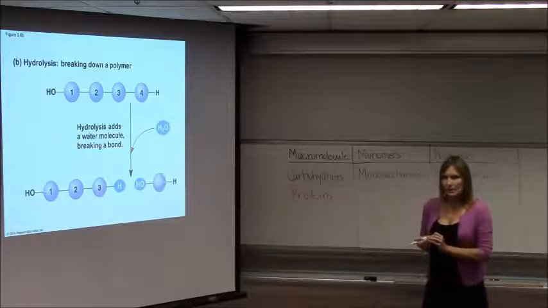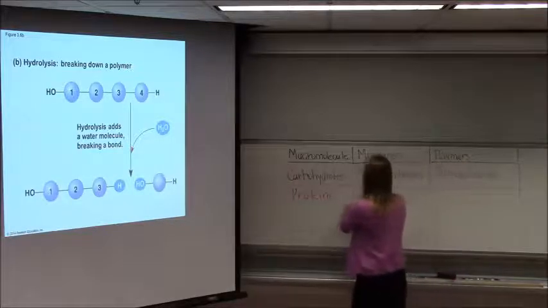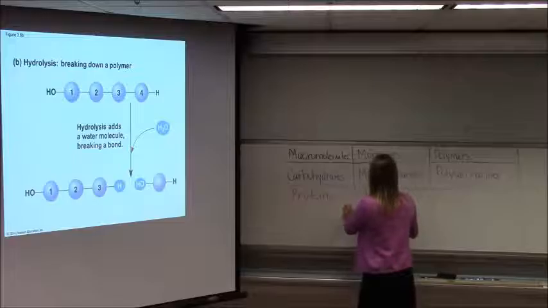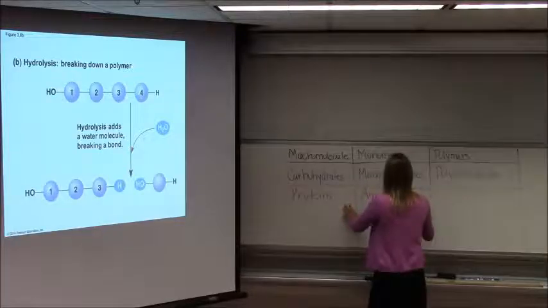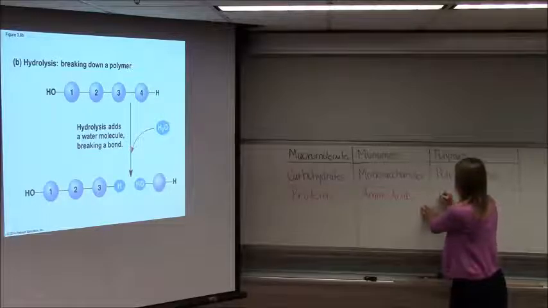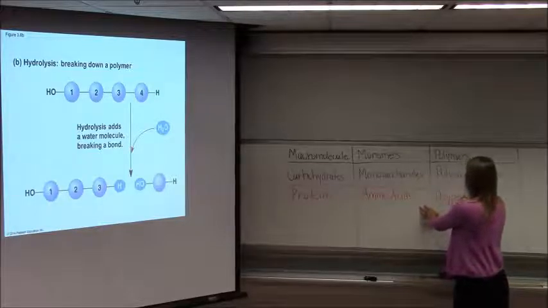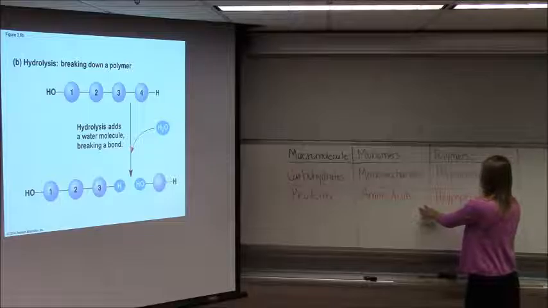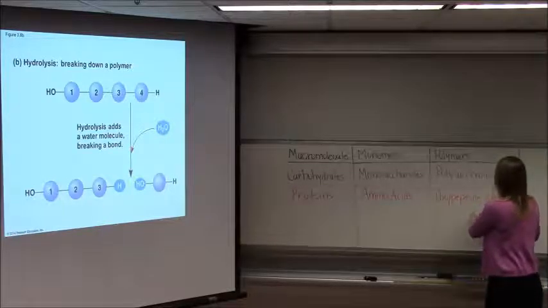The monomers of proteins are called amino acids. And the polymers are called polypeptide or even a polypeptide chain.